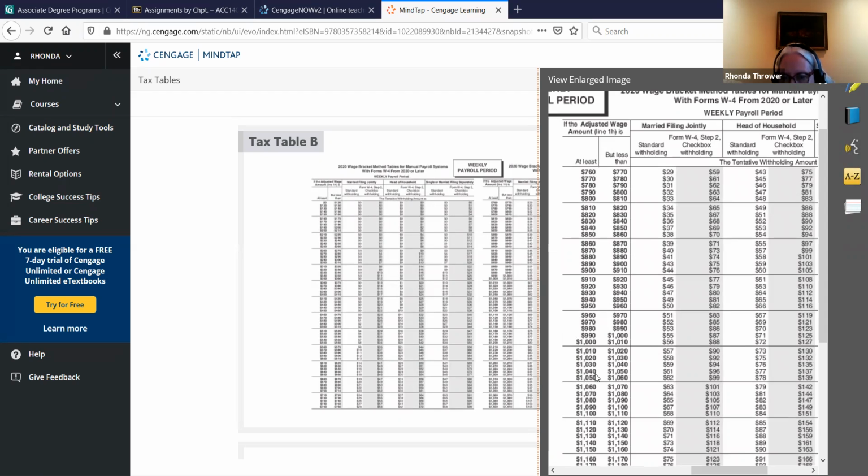I'm going to go to the lowest figure here because we want to pick up the most amount of taxes that it could be. So we want to be sure that we've taken out enough taxes on them. It's better to have more than less. So it falls in between 1,040 and 1,050.